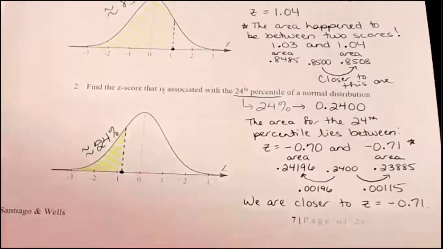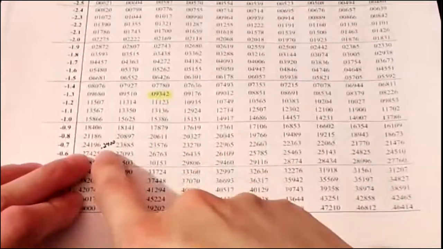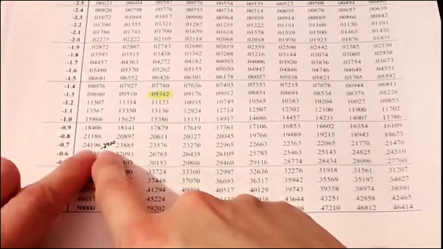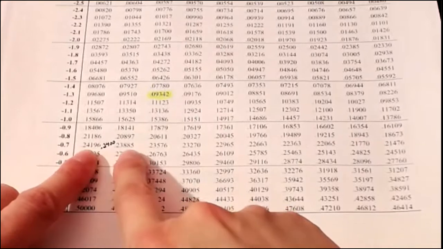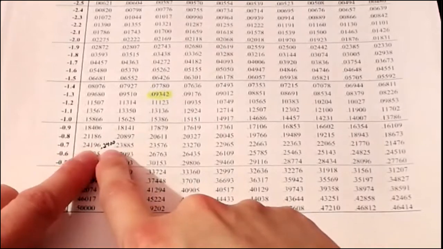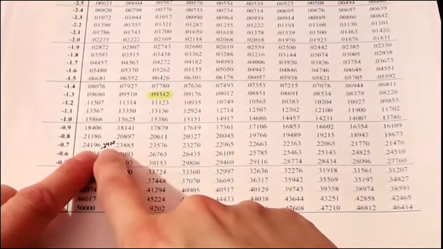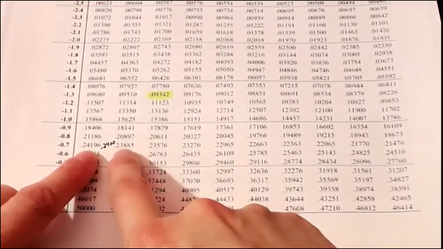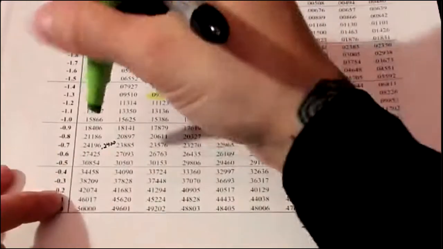Oh, okay. So I'm just going to explain that one more time. Do you see here, Donna, that 0.2400 sits directly between these two values? It does, right? So 0.2400 sits between 0.24196 and 0.23885. So we see exactly where that 0.2400 sits. Now, let me highlight these values because that might be helpful.